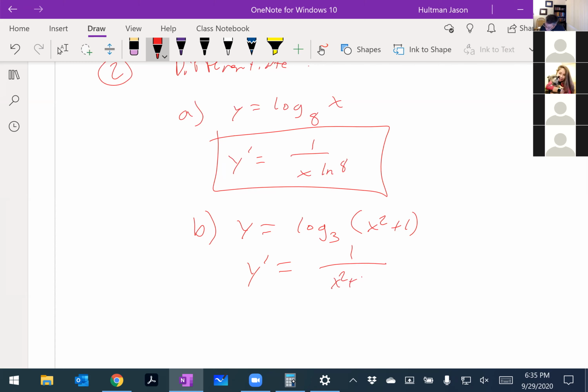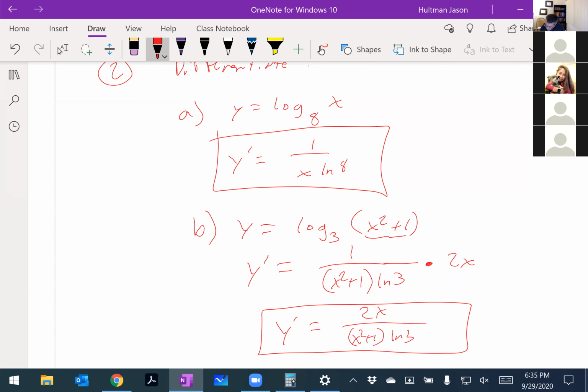That's 1 over x squared plus 1 times natural log of 3, that's the base, times the derivative of x squared plus 1, which is 2x. Why? Because it's a chain rule. It's the derivative of the outside times the derivative of the inside. The inside is the x squared plus 1. So that's a 2x. So we've got y prime is equal to 2x over x squared plus 1 natural log of 3. Pretty cool.